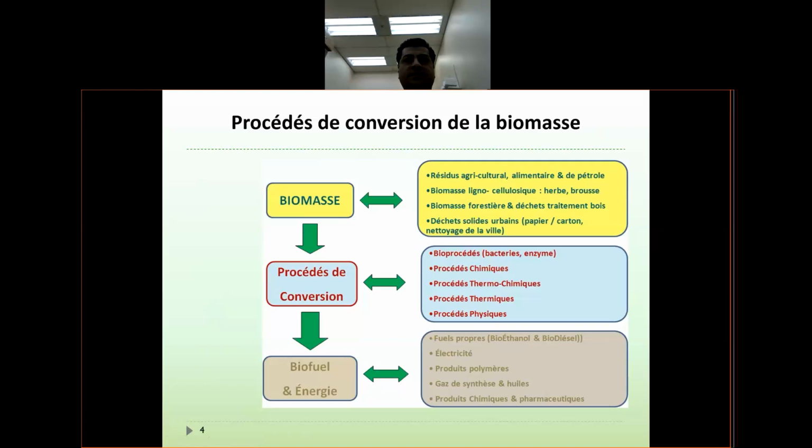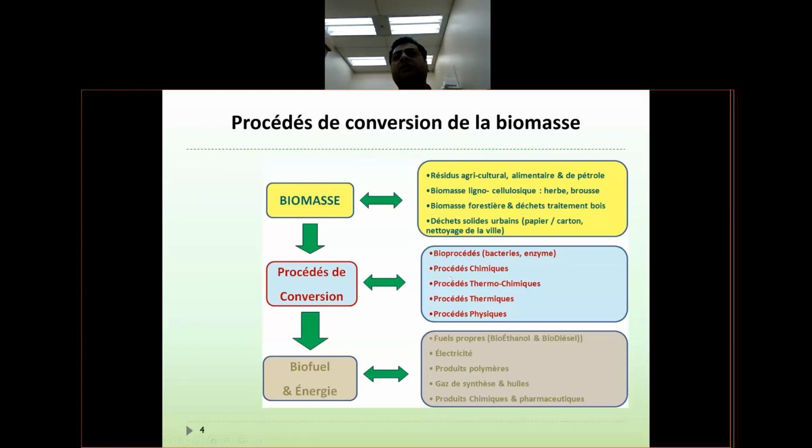They are all biomass, and we want to convert biomass with a specific process to make biofuels and energy. But not necessarily biofuels. Recently there are also biomaterials produced from biomass, but traditionally biomass has been used for biofuel and energy production.